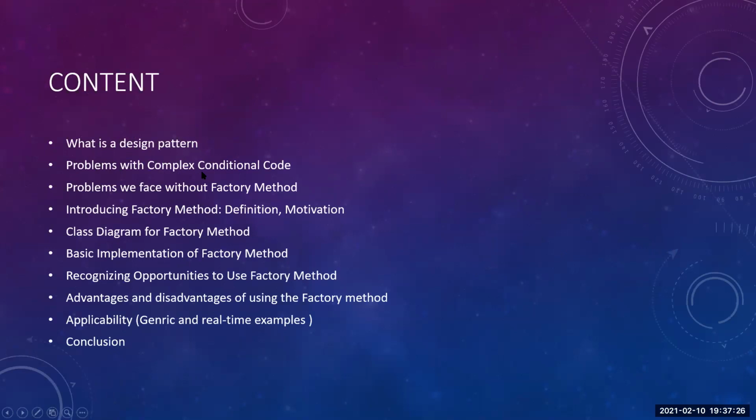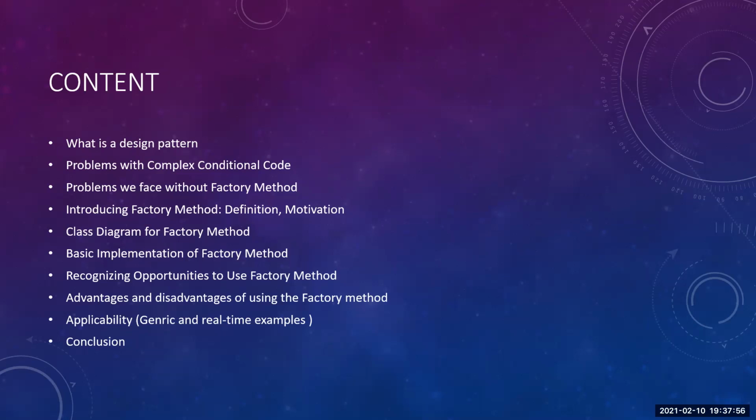Problems with complex conditional code, problems that we face without a factory method, introducing a factory method, definition, motivation, and a class diagram for a factory method, and then a basic implementation of it, and then recognizing opportunities, how you can convert normal code using this factory method, and then a bit of advantages and disadvantages of the factory method, and then applications, and at the end the conclusions.